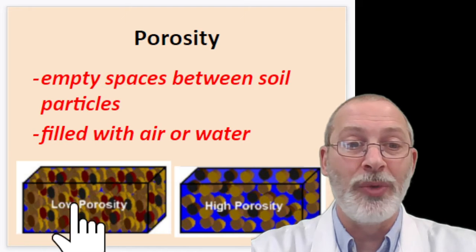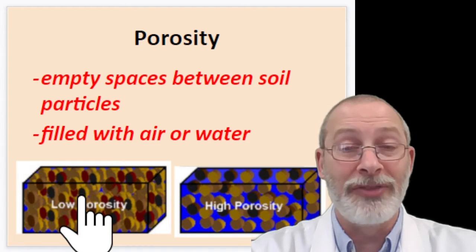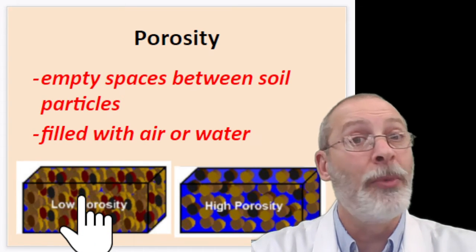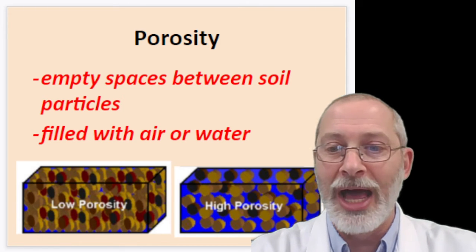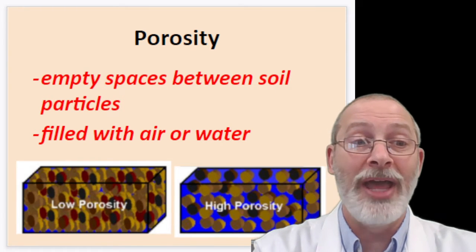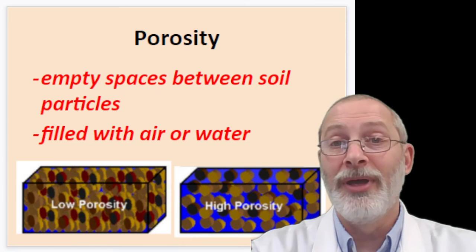If you have a soil with very low porosity, you're going to have to bring in a lot more soil and do a lot more excavation. And it's going to be a lot more expensive if you don't have the right type of soil.